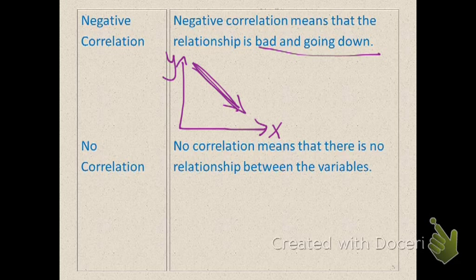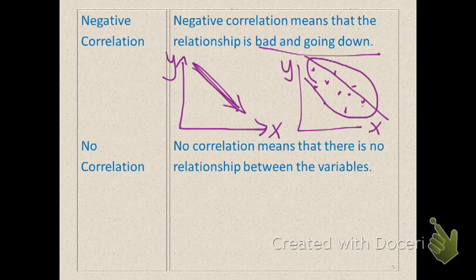In a scatter plot, it's the same thing. Again, not a perfect line, but if I drew a circle around the data, and I drew a line through it, it would kind of go down.